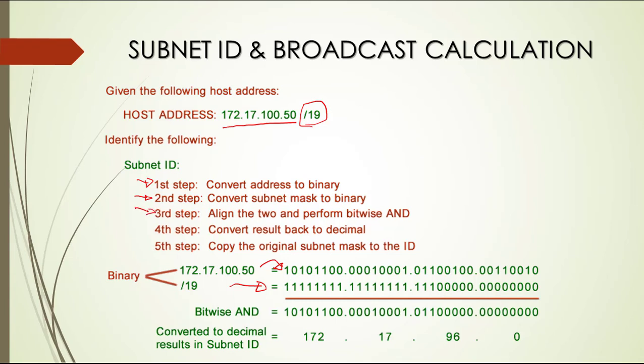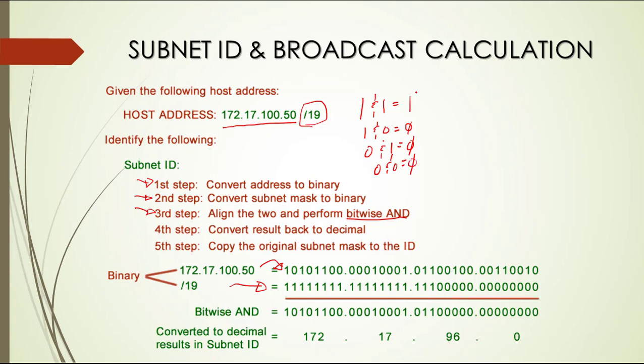We then want to align both of those addresses up bit for bit, the host ID and the subnet mask ID, and then perform a bitwise AND. A bitwise AND states that when we compare a 1 to a 1, the result is a 1. If we compare a 1 and a 0, a 0 and a 1, or a 0 and a 0, the result is 0.